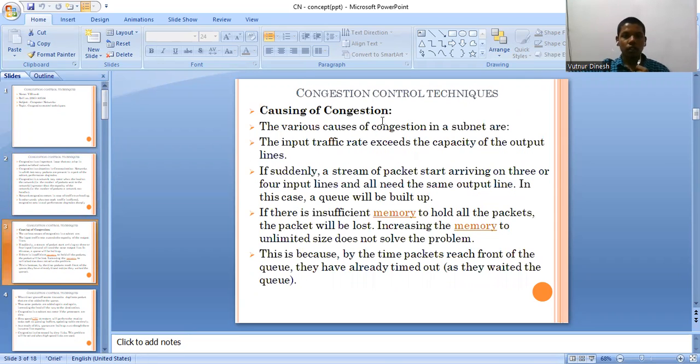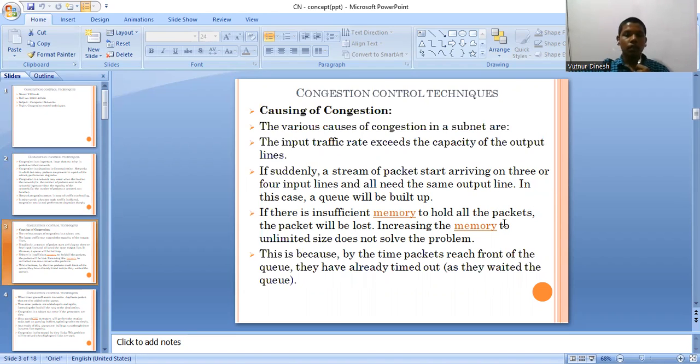Causes of congestion. The various causes of congestion in a subnet are: the input traffic rate exceeds the capacity of the output lines. If suddenly a stream of packets starts arriving on three or four input lines and all need the same output line, in this case a queue will be built up. If there is insufficient memory to hold all the packets, the packet will be lost.